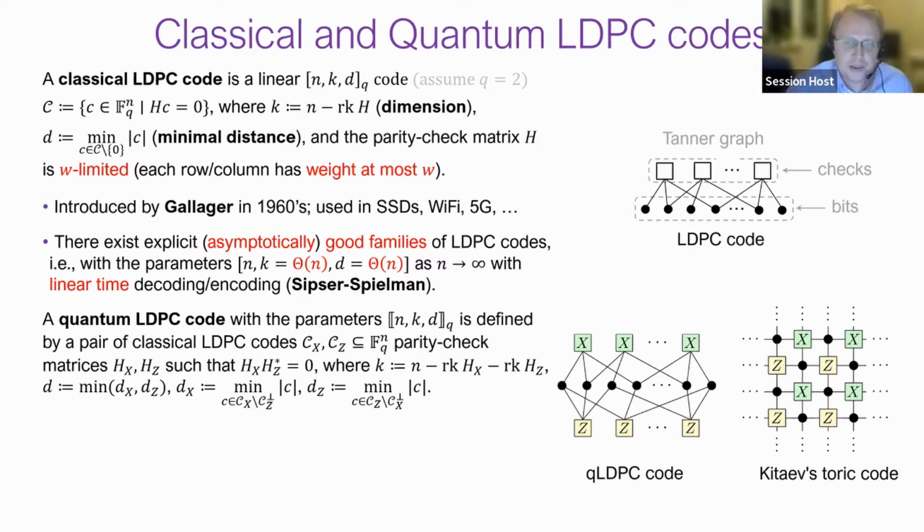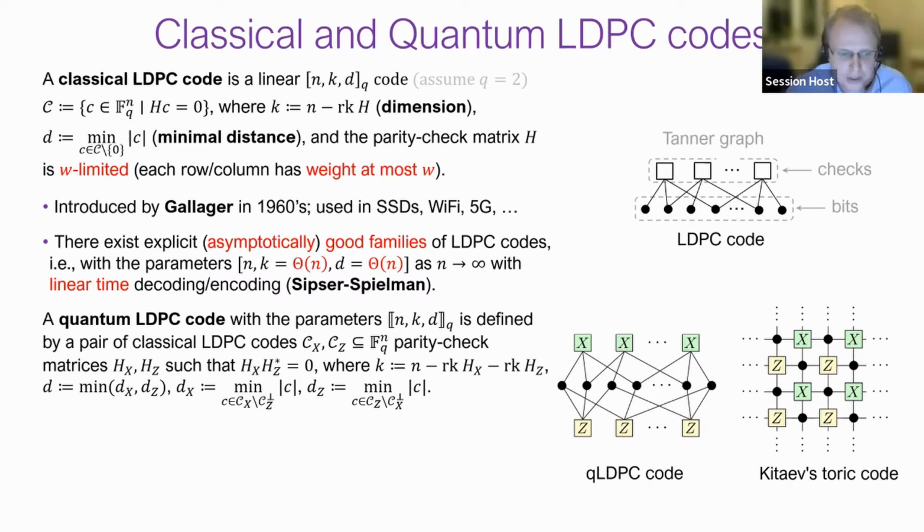But this conference is dedicated to quantum, so of course we are interested in quantum codes. I assume that everyone here knows what a quantum CSS code is, and by quantum LDPC code, I mean a quantum CSS code.